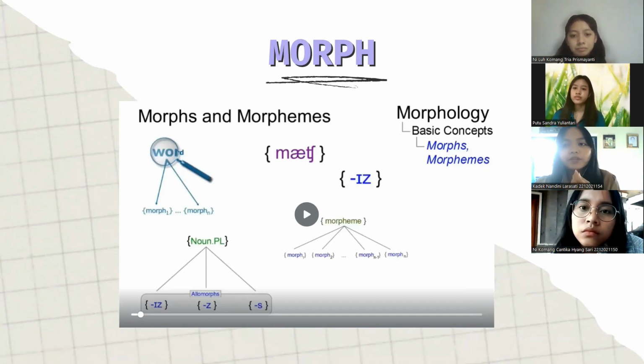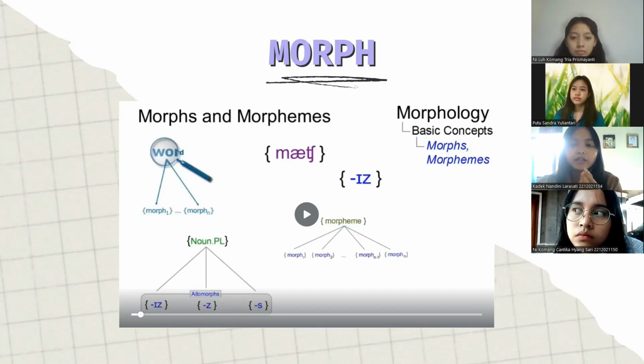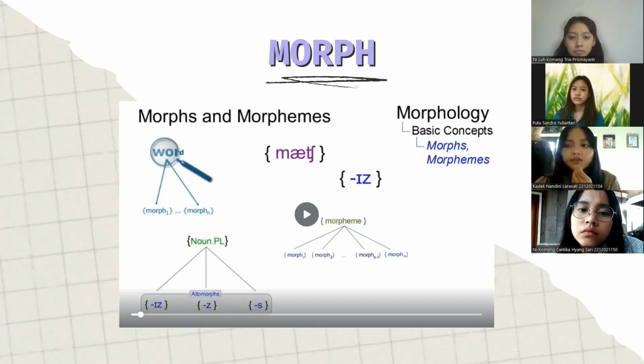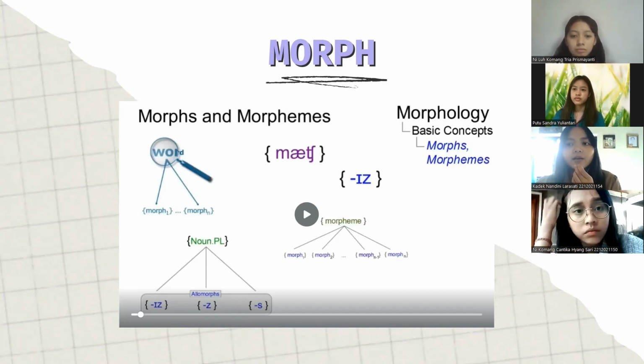So, when we say the word man, it is carrying one morph and one morpheme, while the word men is carrying one morph and two morphemes, man plus plural, because it cannot be divided, so it is the actual form of the word, meaning the morph. This single form is carrying two different meanings. The man and plural are the two morphemes.